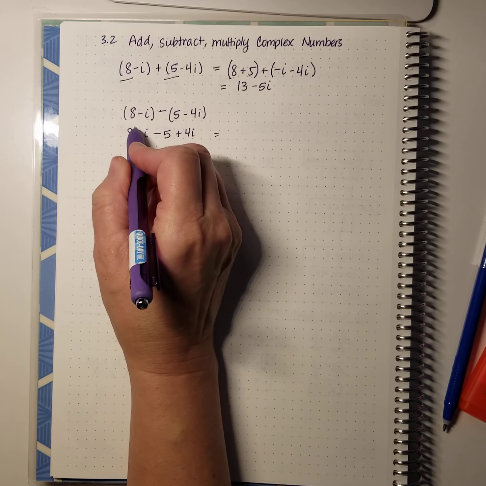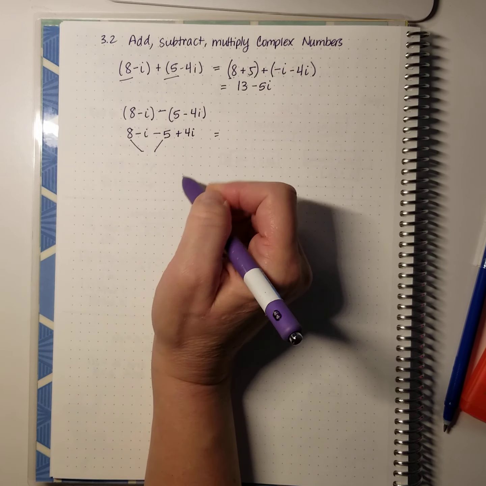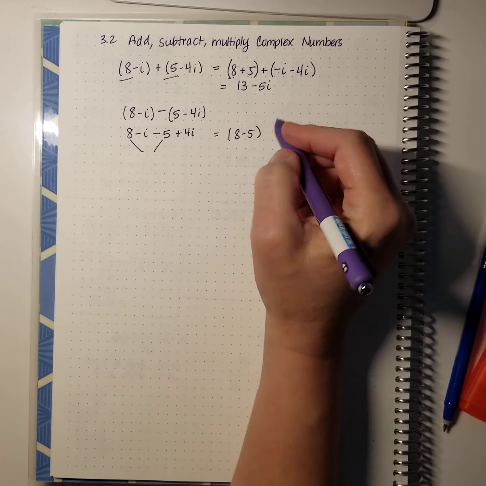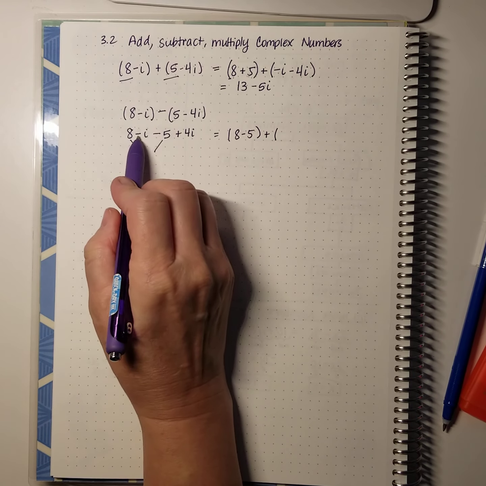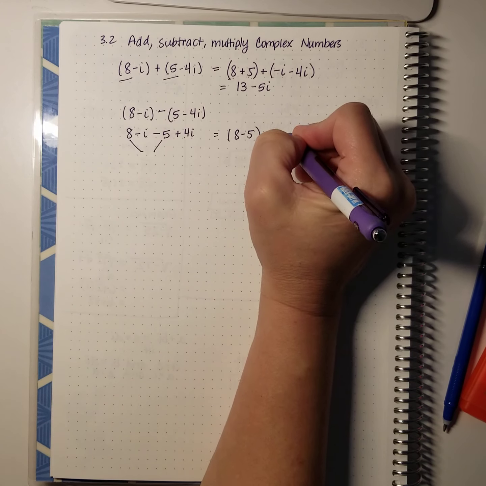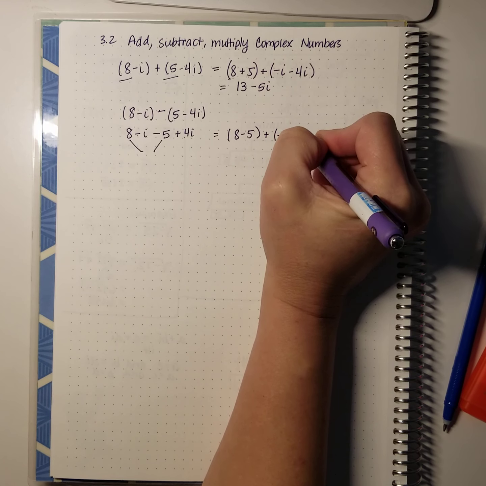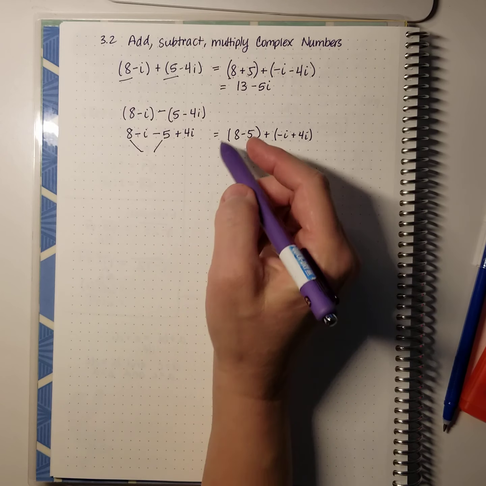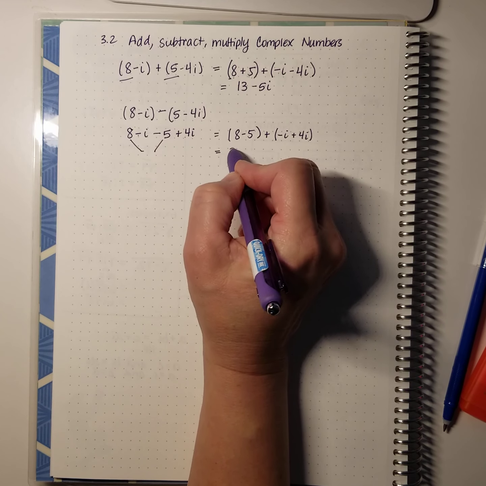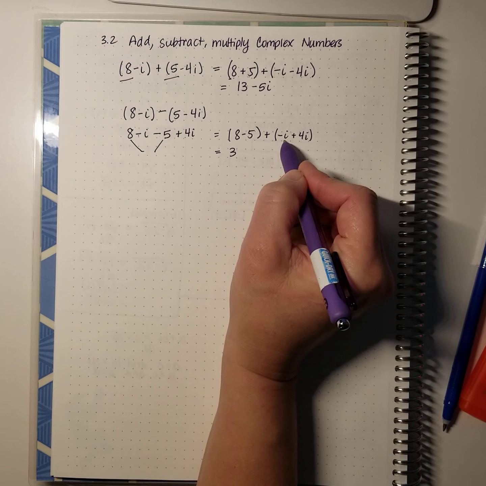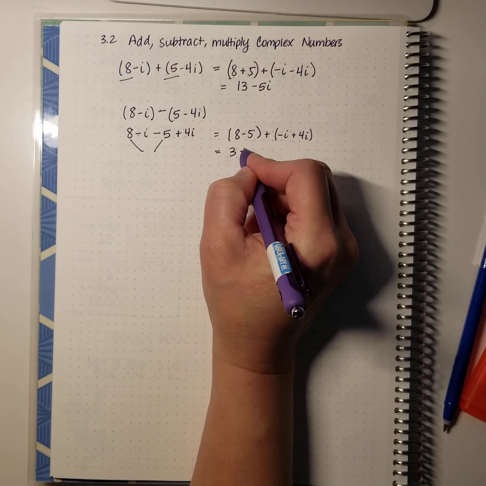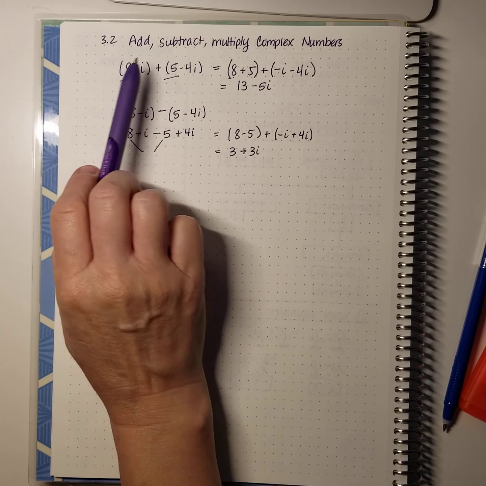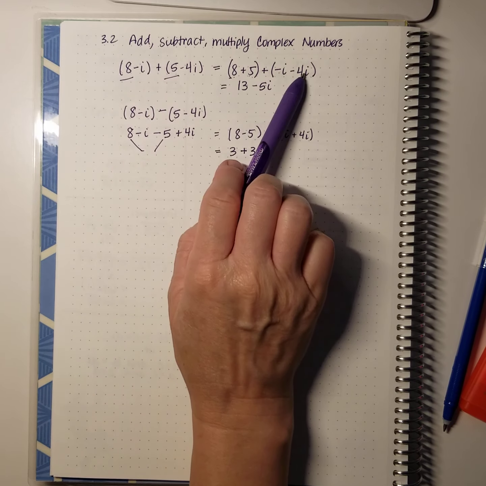So we'll combine our real parts, 8 minus 5, and we'll have minus i and plus 4i. Just putting the real parts together, putting the imaginary parts together. 3, and negative i and positive 4i is just positive 3i. 3 plus 3i.